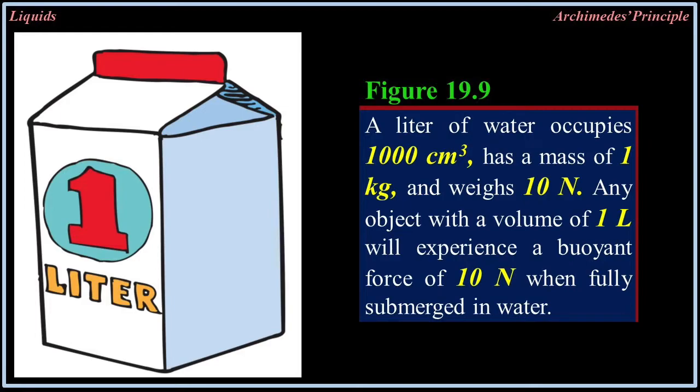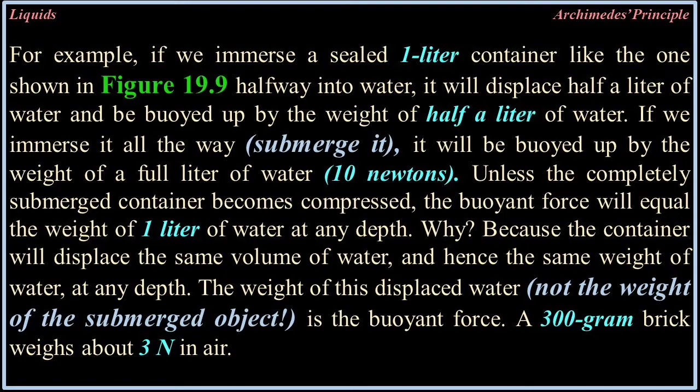Unless the completely submerged container becomes compressed, the buoyant force will equal the weight of 1 liter of water at any depth. Why? Because the container will displace the same volume of water, and hence the same weight of water, at any depth. The weight of this displaced water, not the weight of the submerged object, is the buoyant force.